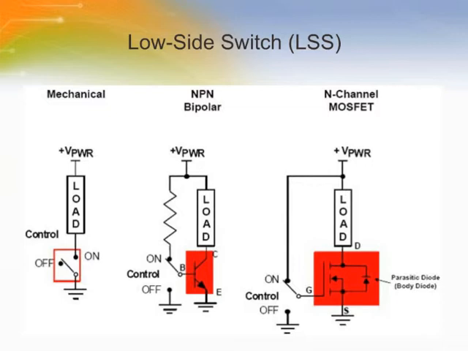N-channel low-side switches are the most common since they can be operated from a single power supply and gate voltage needs only to be pulled up or positive for turn-on, much like the NPN transistor. P-channel low-side switches are not commonly used because it is somewhat more difficult to obtain a negative gate voltage for turn-on and requires more silicon area to accomplish the same on resistance, or RDS on, as an N-channel, and would as a result be more costly than an N-channel.